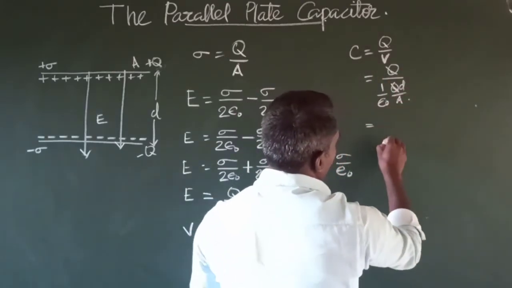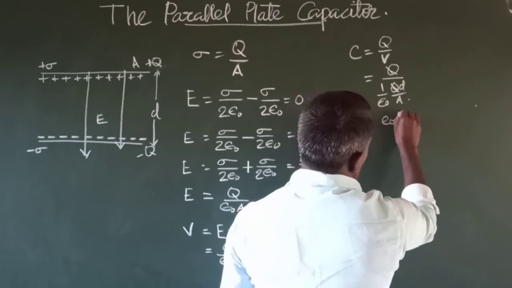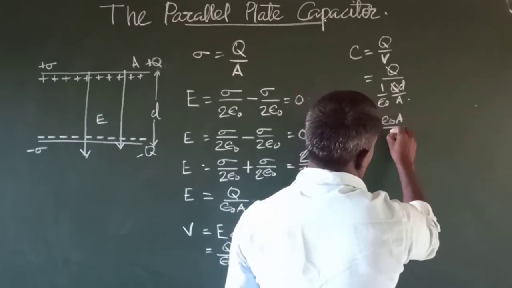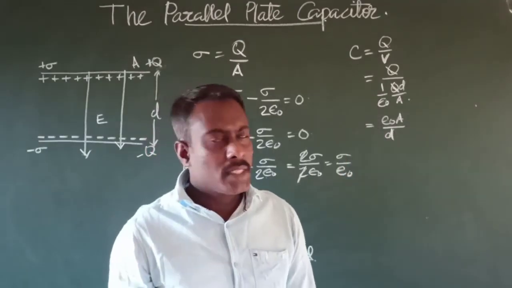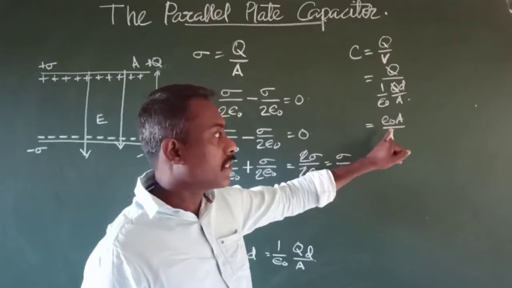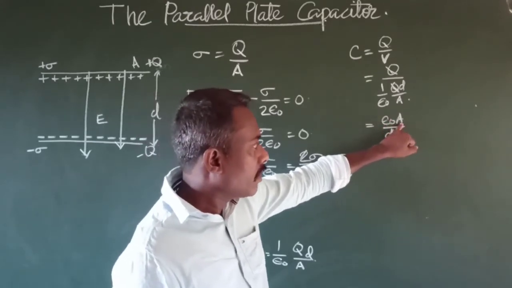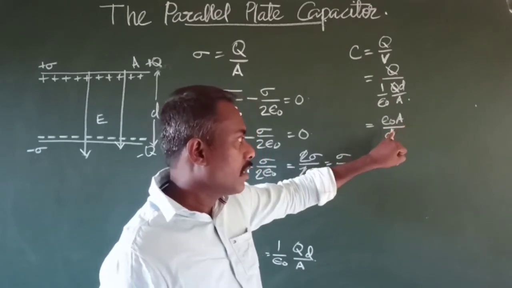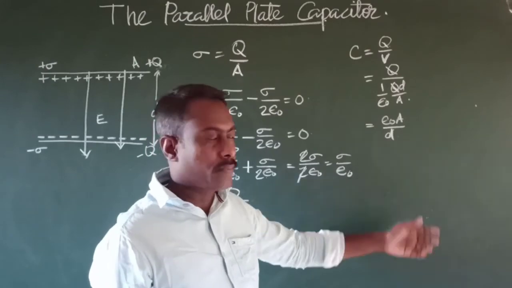What will we get? We will get C equal to epsilon 0 into A divided by d. Here epsilon 0 is the electrical permittivity of the medium vacuum, A is the area of the conductors, and d is the distance separating the two conductors.